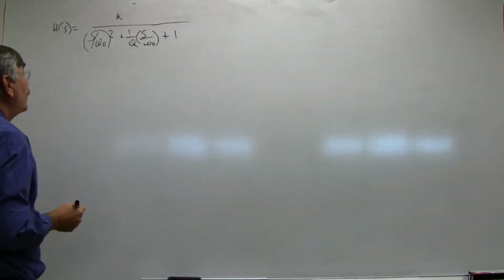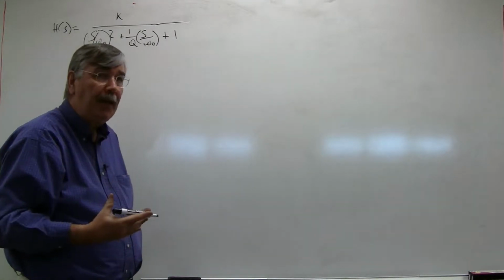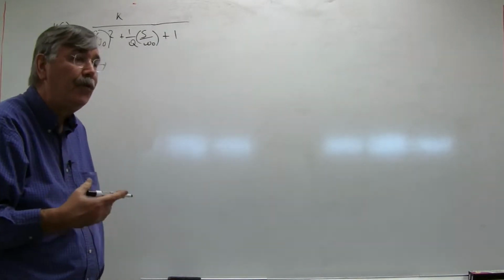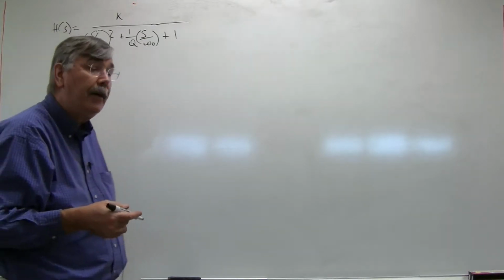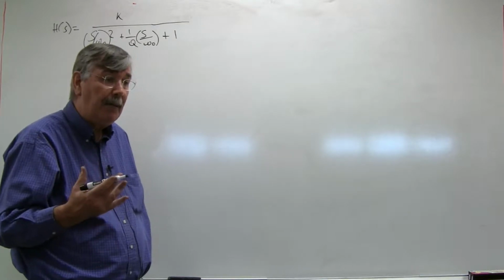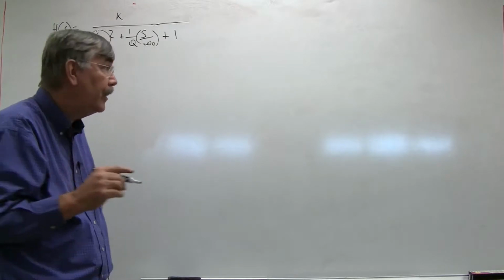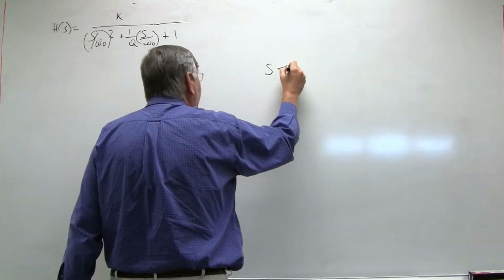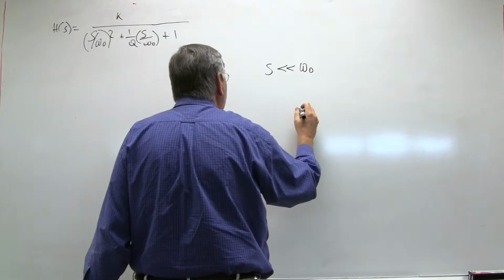And there's a couple of things I want to talk about with this function. We're going to do Bode plots of it, but we can do a lot without just jumping into a bunch of rules. As I said when I was talking about the Bode plots for things with a single function, we're looking at two asymptotes. We're looking at the case where s is much less than some characteristic frequency, which is omega naught.